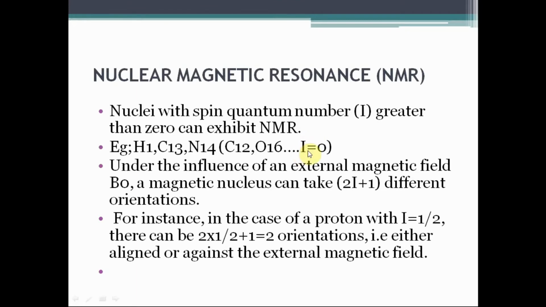So the spin quantum number I equals 0. Nuclear magnetic resonance spectroscopy is shown by nuclei with spin quantum number I greater than 0. Greater than 0 means it will be half or its multiples, half, 3 by 2, 5 by 2, etc.